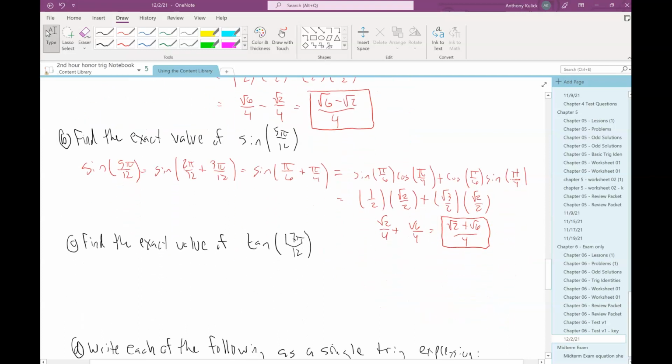Okay. All right. Same idea here for number 6. So I'm going to try to think of 17 over 12. I'm going to break that up into two fractions, where each of those two fractions will reduce.